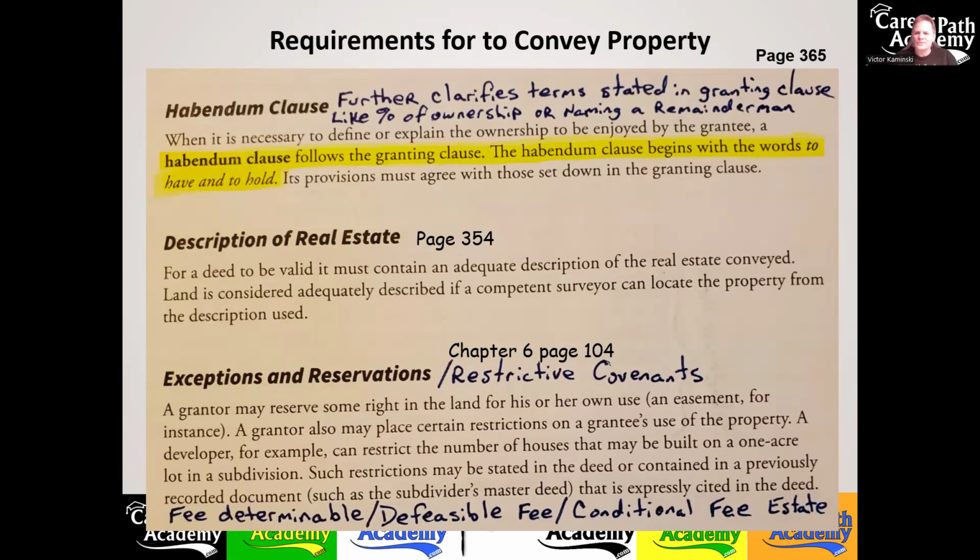You could get a question on the exam that says, what is the clause in the deed that begins with the words to have and to hold? It is the habendum clause. But I'm also explaining to you what a habendum clause does. It further clarifies terms stated in the granting clause, like a percentage of ownership or naming a remainder man.